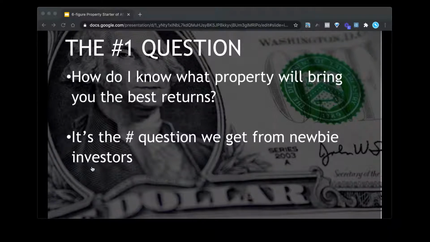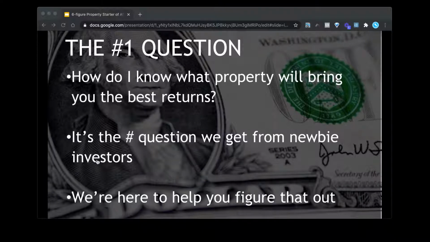You don't want to get started with a property that is not going to bring you returns, because obviously you're going to be stuck with something which is just not fulfilling your needs. So this is going to be really good for you, because we're being very practical. We're here to help you figure that out, okay?